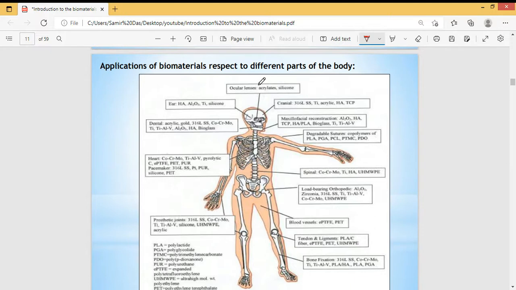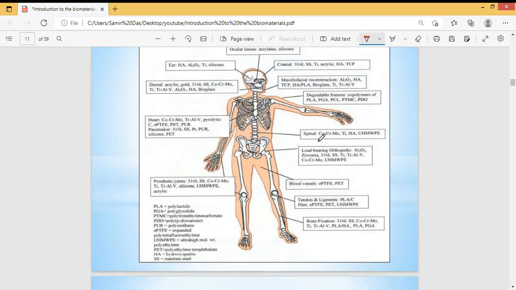for ocular purposes silicone or acrylic based polymer biomaterials, and for the ear silicone based as well. For dental we use stainless steel, cobalt, chromium, molybdenum, alumina, hydroxyapatite base. For degradable structures we use polymers like PLA, PGA, PCL.